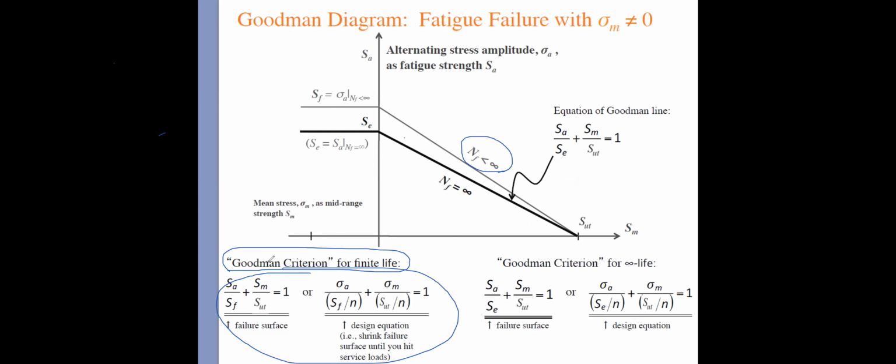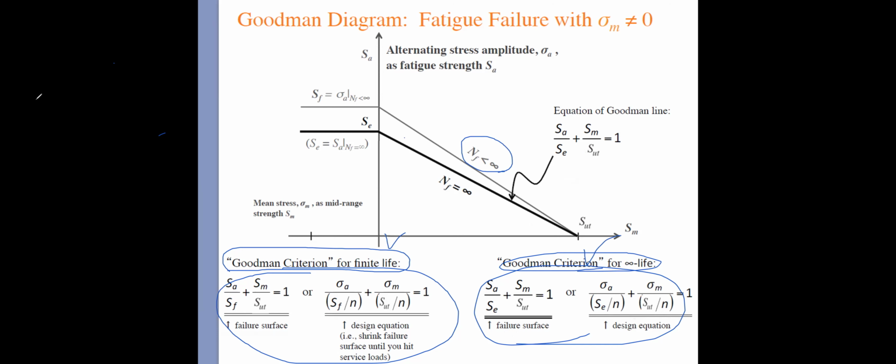In the case where the number of cycles reaches infinity, that means the number of cycles is above 10 to the power of 6, so we can use the Goodman criteria for infinite life. We can use these two equations to represent when the number of cycles reaches infinity, which means we get the endurance limit. So we have this equation for the Goodman criteria.